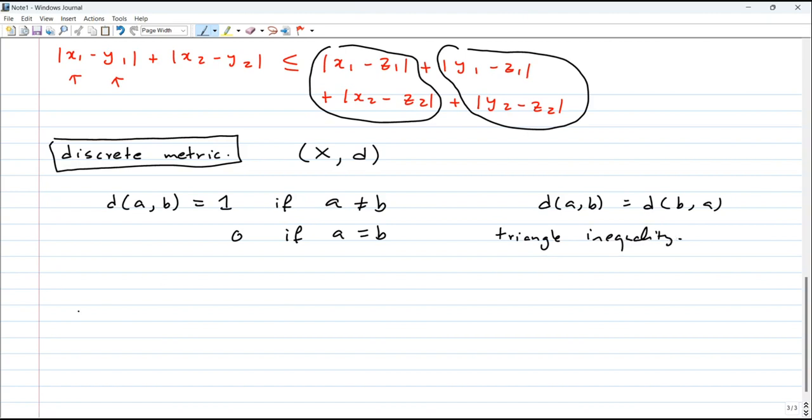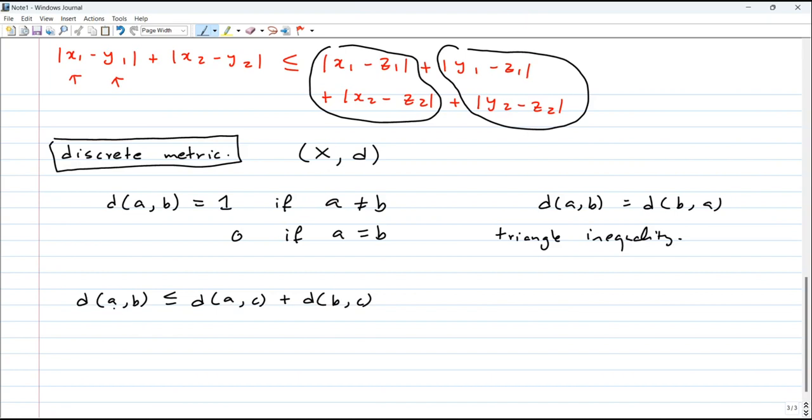Well, is it true that given any points A, B, and C, the distance between A and B is always less than or equal to the distance between A and C plus the distance between B and C? There's only case work to be done here.